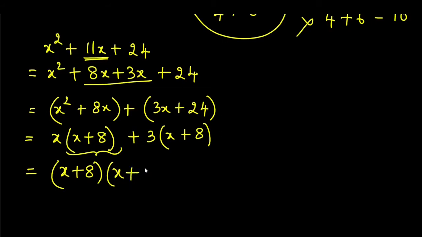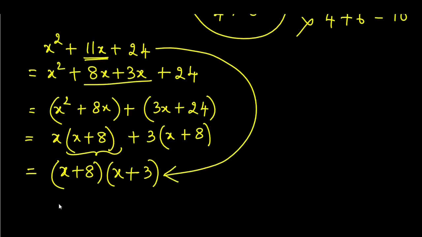So x plus 3 is the remaining factor. So we have written this as a product of two linear polynomials, x plus 8 into x plus 3.